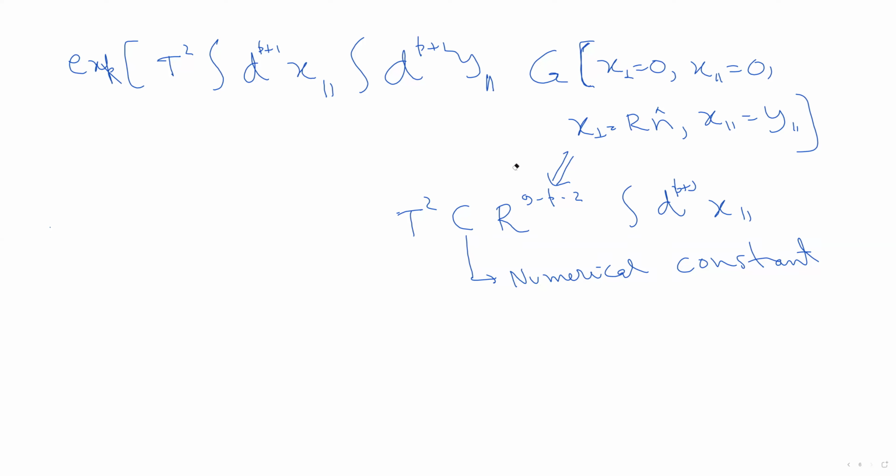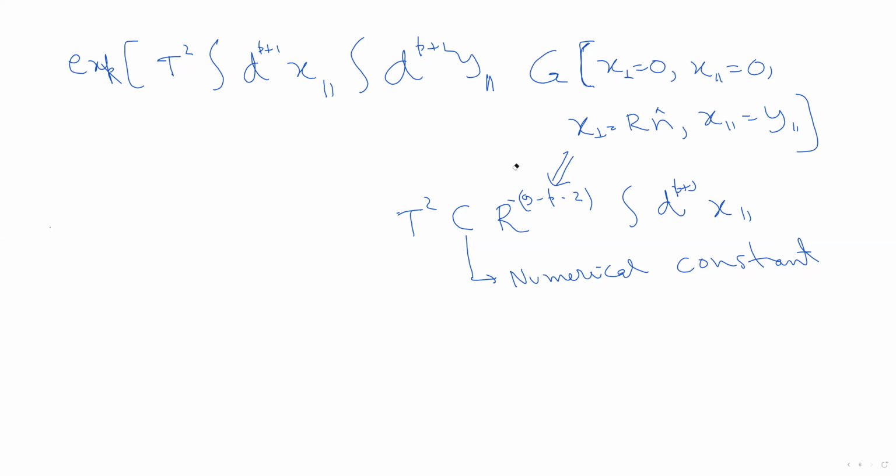C can be computed because we know G. Of course you can do this calculation and check that this part is the correct one. But you can basically guess what this part is, because 9 minus p is the number of transverse directions, and the interaction energy will be 1 over r to the number of transverse directions minus 2.